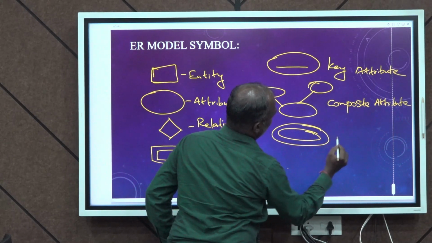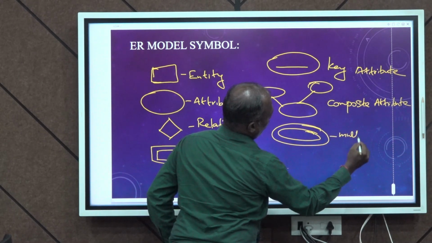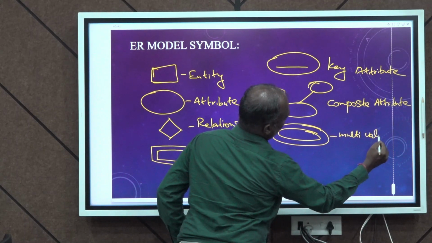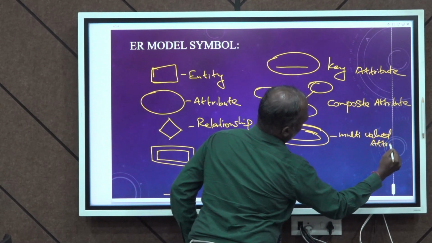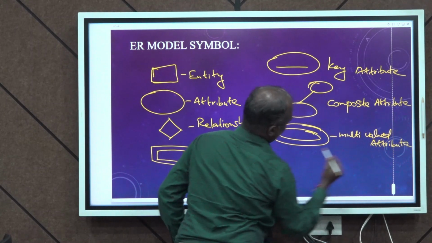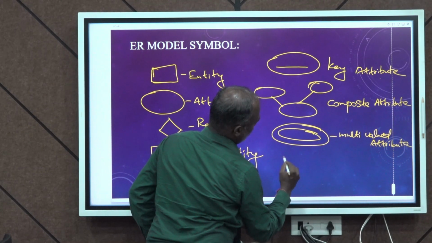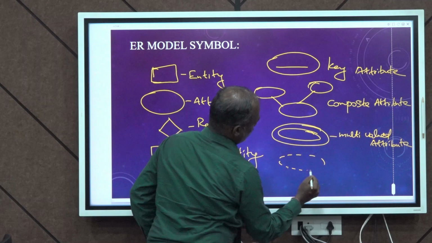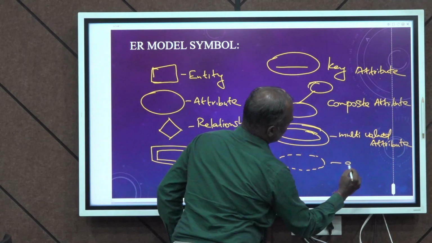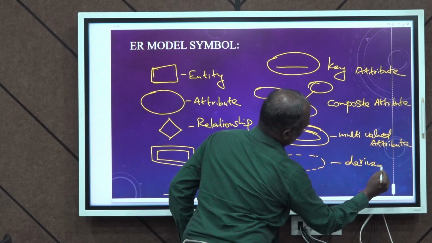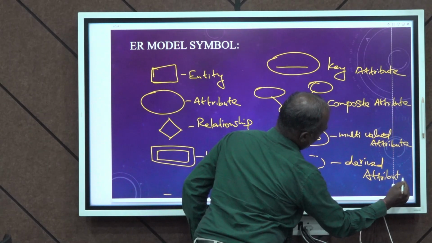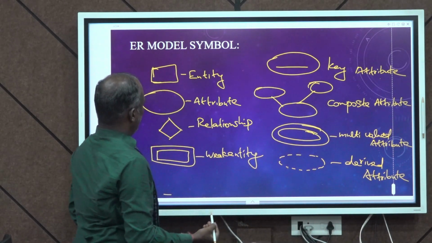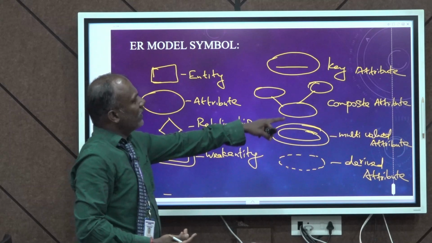This is called multi-valued attribute. The dashed ellipse is called derived attribute. So, in this way we can represent the attributes.